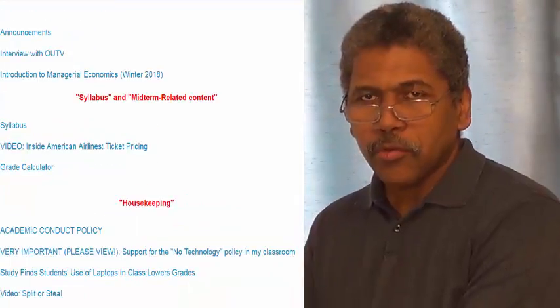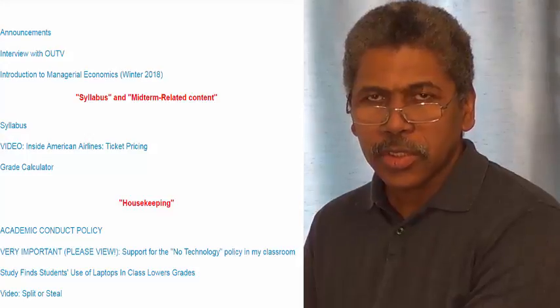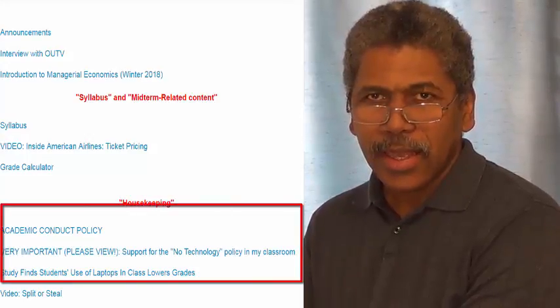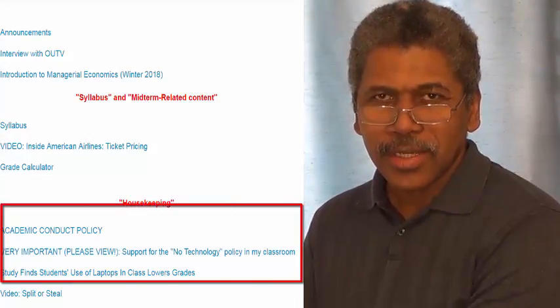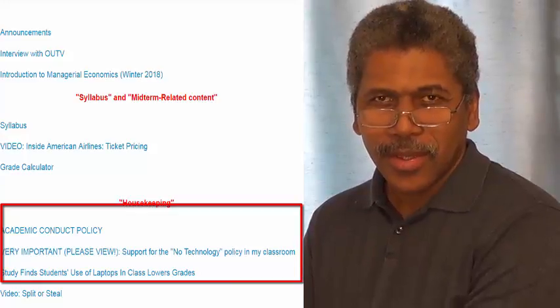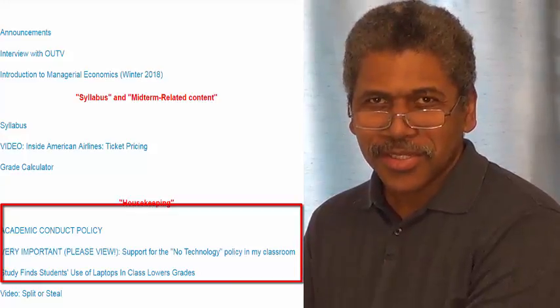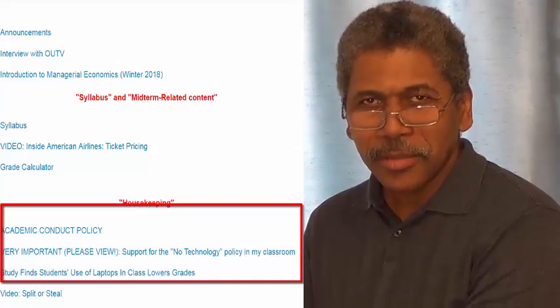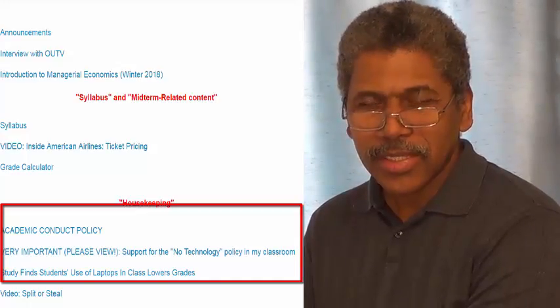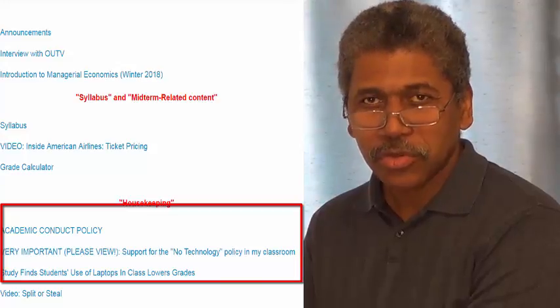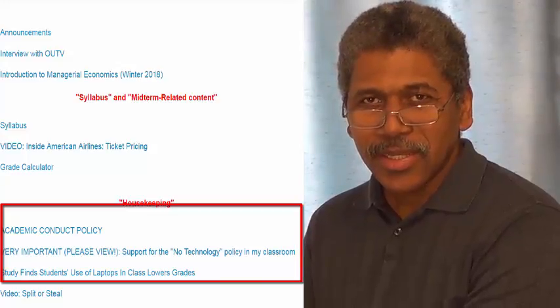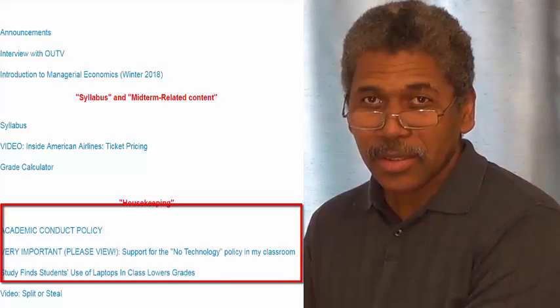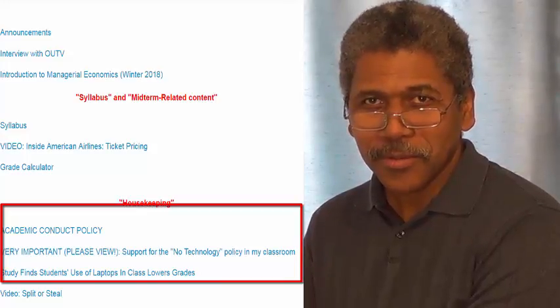One thing that's important for me to tell students is that I have a no technology policy in my classroom. I've had this policy ever since people started having cellular phones, because many years ago I realized that students could allow themselves to be distracted by the technology. This was back in the day when the cell phone was a flip phone.